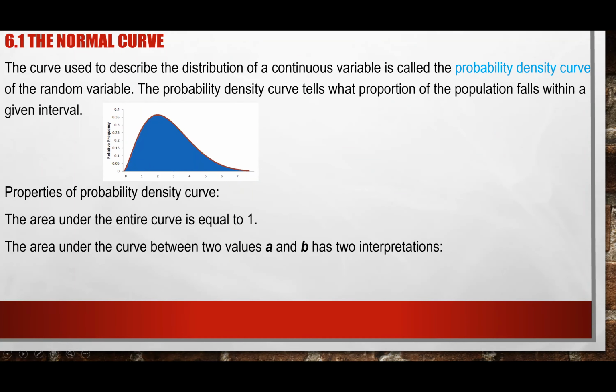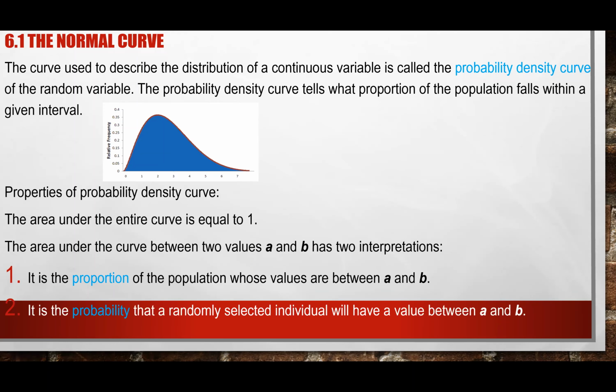And again, looking at this, the area between A and B, we say two things. One thing, ladies and gentlemen, as you will see today, these three items: the area underneath the curve, the proportion of the population, or the probability of a randomly selected, whatever they ask you, mean the same thing.